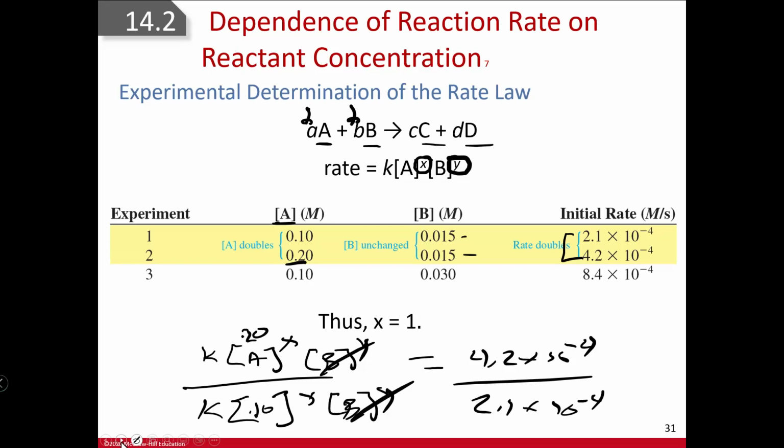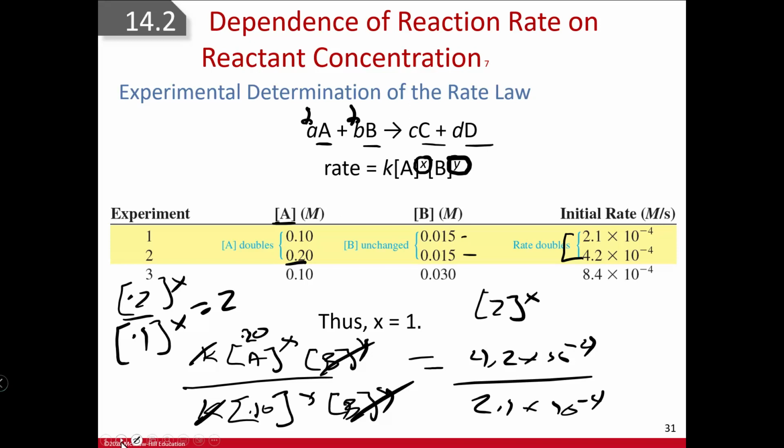That divides out, and then you have 0.2 divided by 0.1. So 0.2 divided by 0.1 raised to the X power equals 4.2 times 10 to the -4 divided by 2.1 times 10 to the -4, which is 2. And so what you end up getting is 2 raised to the X power equals 2. And so you know that X is 1, and you get that for the answer.